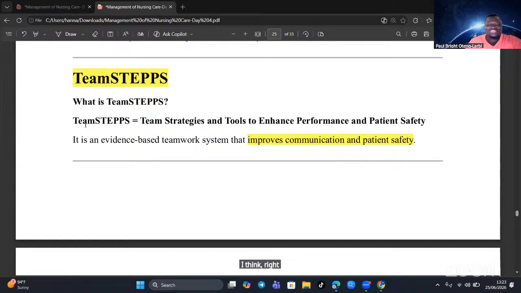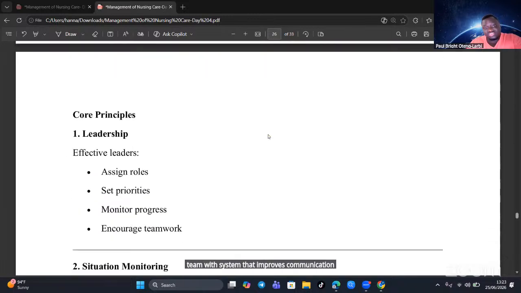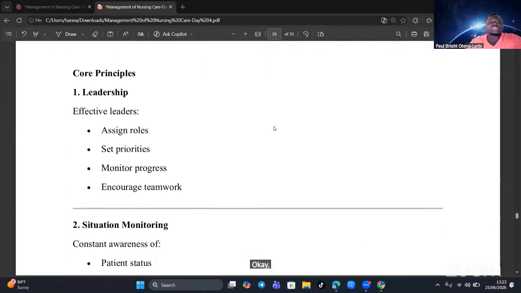So another way to communicate, I'm showing you so that you choose the one that is best for you. You call it TeamSTEPPS. It's an acronym: Team Strategies and Tools to Enhance Performance and Patient Safety. It is an evidence-based teamwork system that improves communication and patient safety. What are the principles guiding TeamSTEPPS?